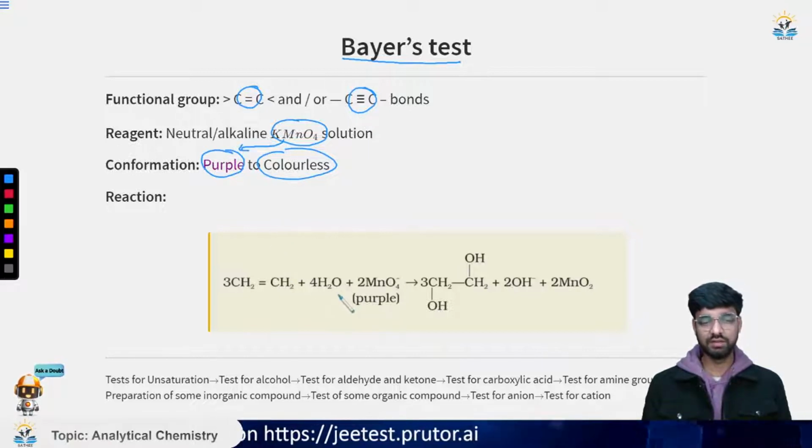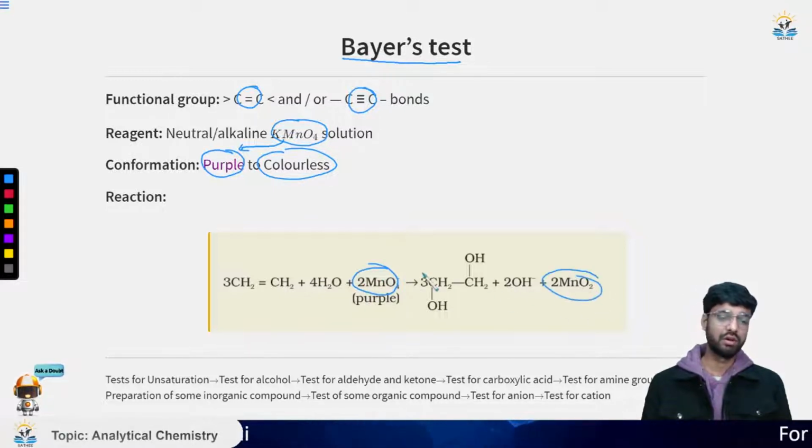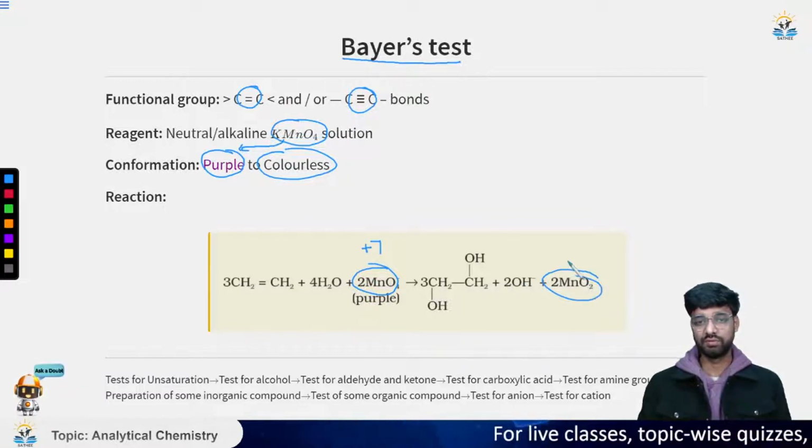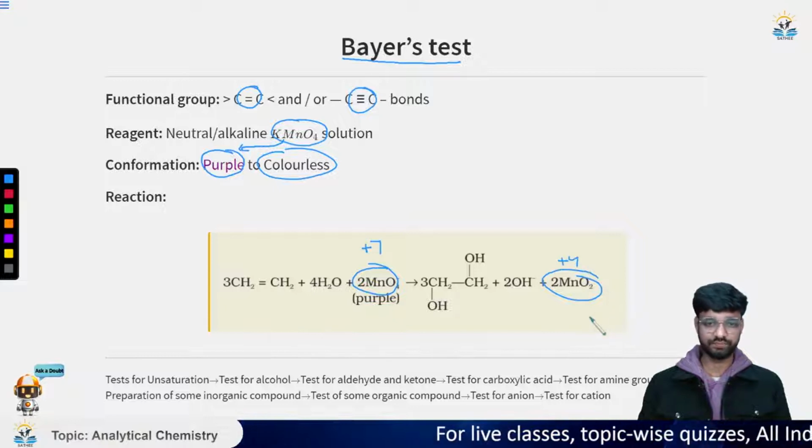So the reaction equation looks like this. It is a kind of redox reaction. Here MnO4 minus changes to MnO2, meaning the oxidation state of Mn, which is initially 8 minus 1, which is plus 7, changes to plus 4.